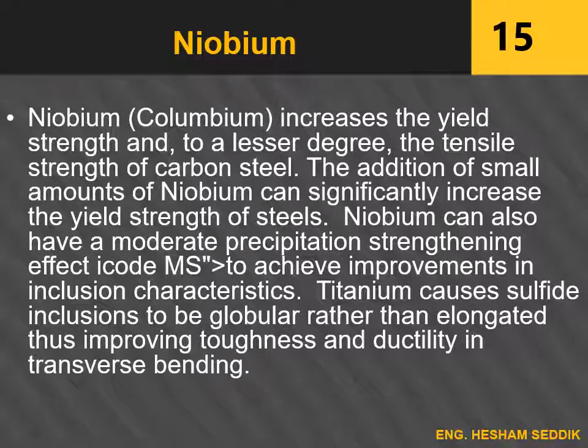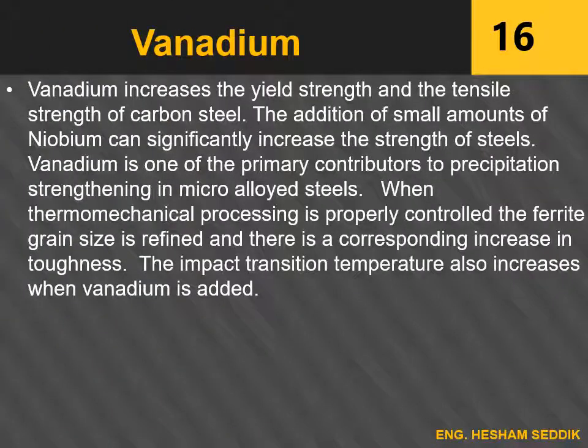Vanadium increases the yield strength and tensile strength of carbon steel, and this is a good alloying element. It controls the ferrite grain size, which is refined, and there is a corresponding increase in toughness.